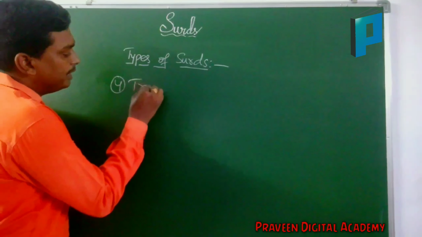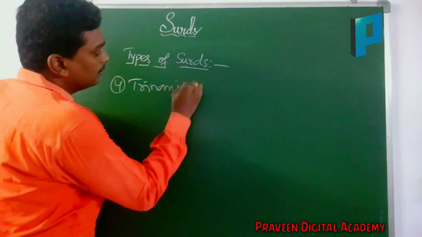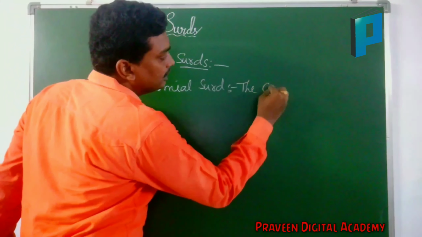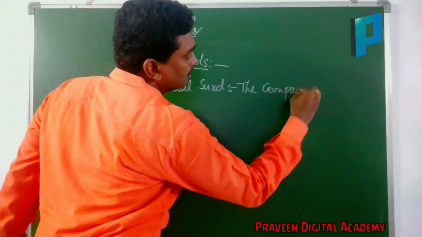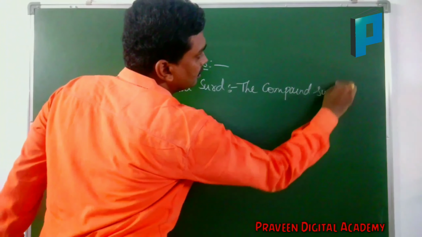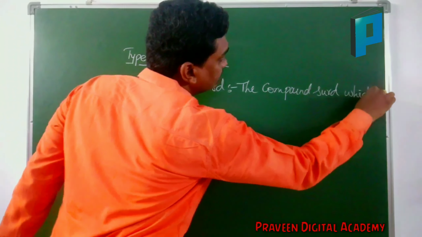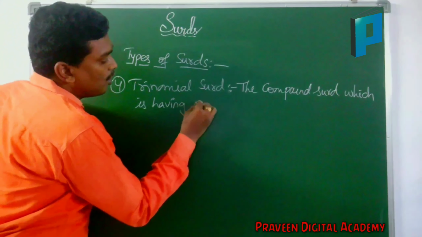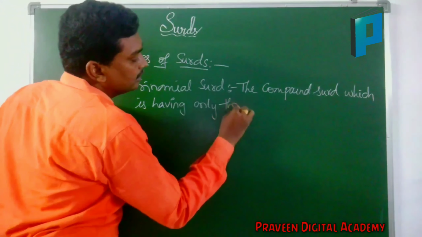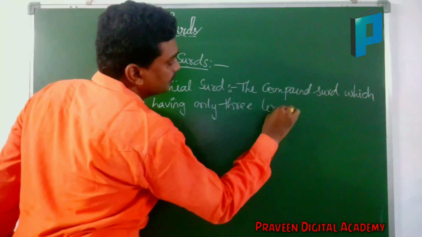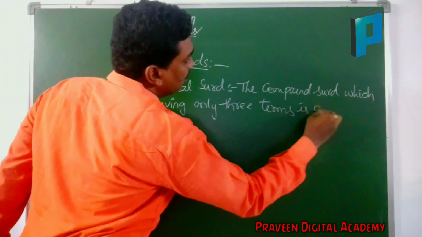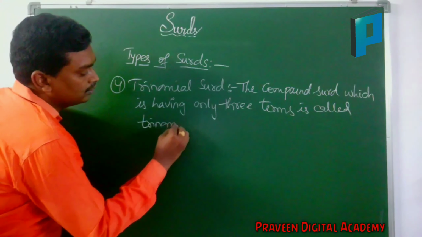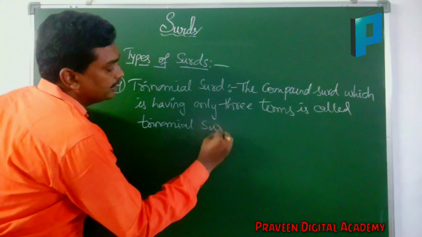Fourth one, trinomial surd. The compound surd which is having only three terms is called trinomial surd.